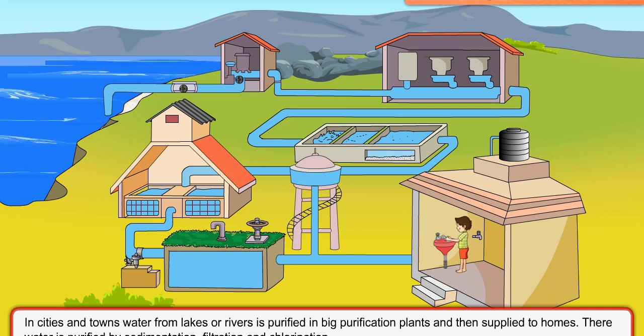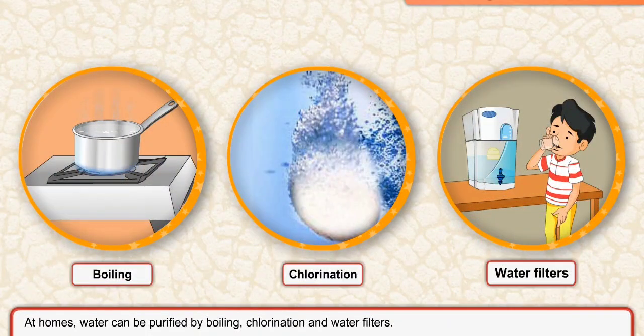There, water is purified by sedimentation, filtration, and chlorination. At homes, water can be purified by boiling, chlorination, and water filters.